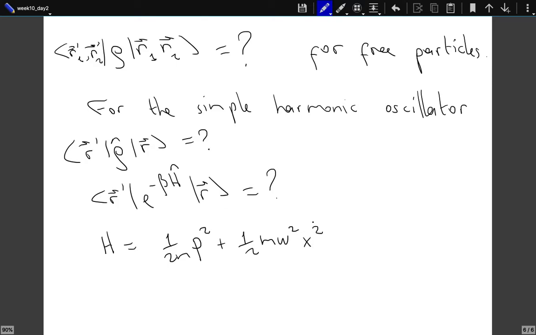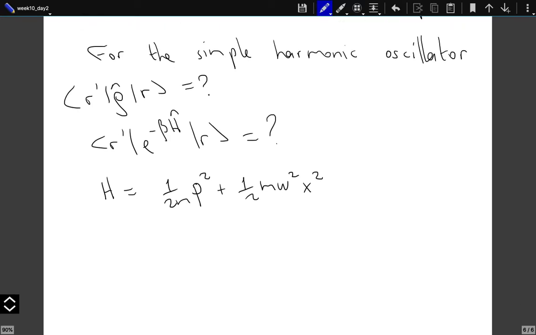Let's do the one-dimensional case. Okay, this is the Hamiltonian. Now what? I think we need to establish a basis. Basis. Okay, which basis do you propose?